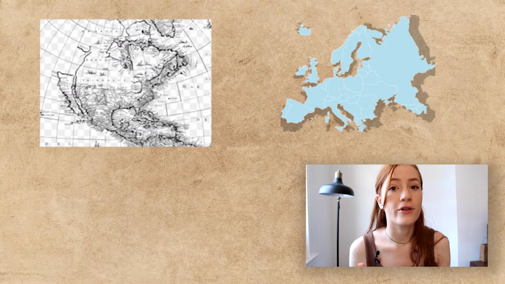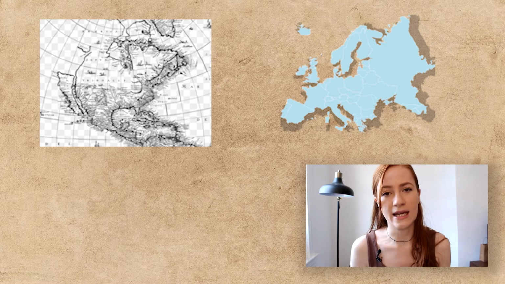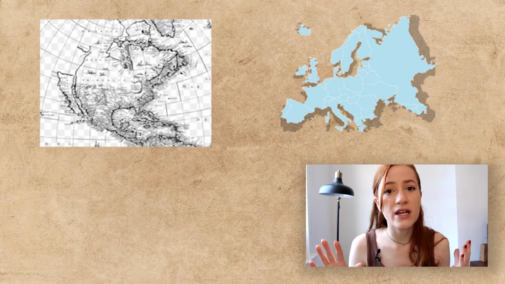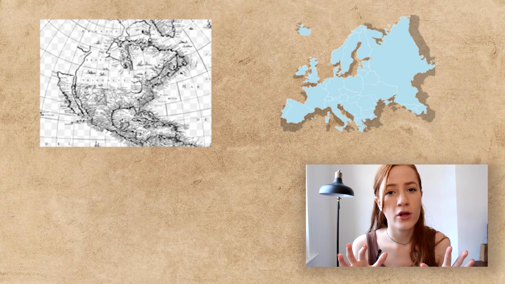Smith now compares the North American colonies to Europe, the contrast being that America still had many uncultivated lands, and in Europe, the land was mostly cultivated, and there's more control over who had access to land.